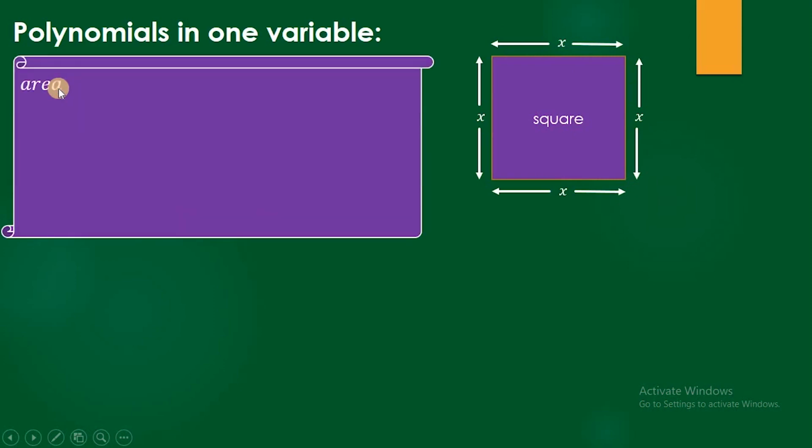When we find the area of the square, we can write it as side into side, and each side measures x units, so it is x into x, which is x square. Now the variable is x only, and it is raised to the power of 2, and 2 is a whole number, therefore it is a polynomial.